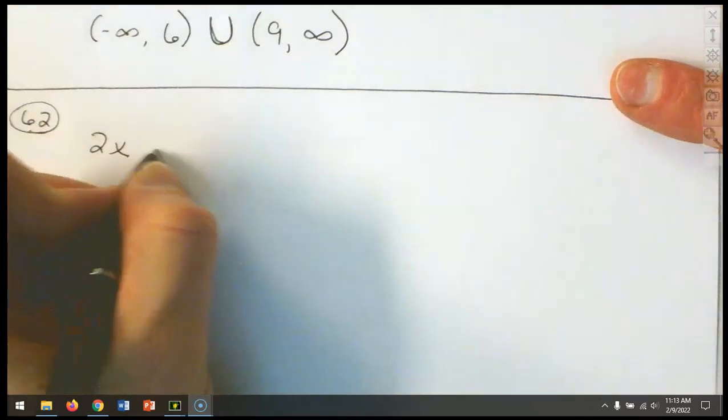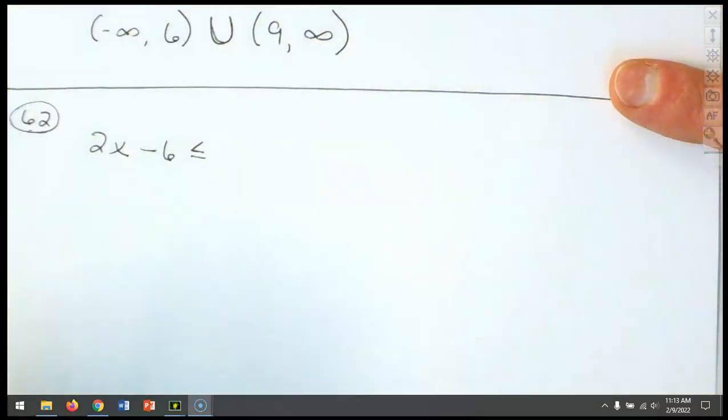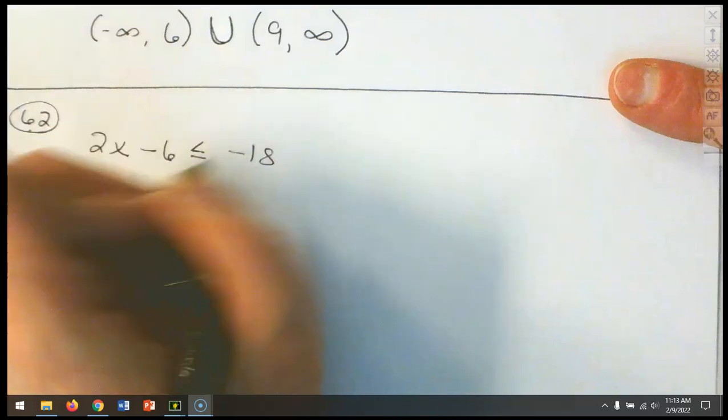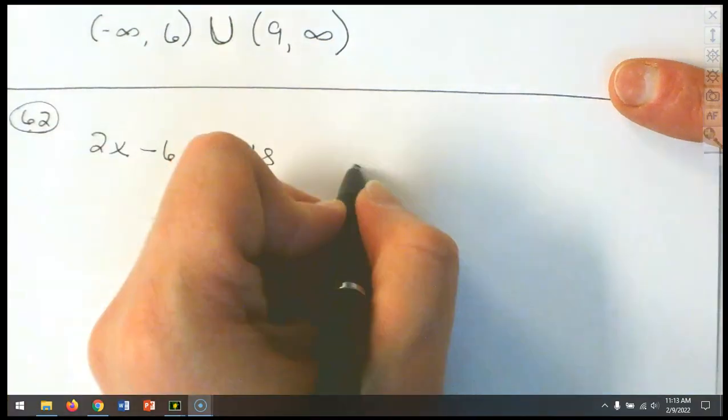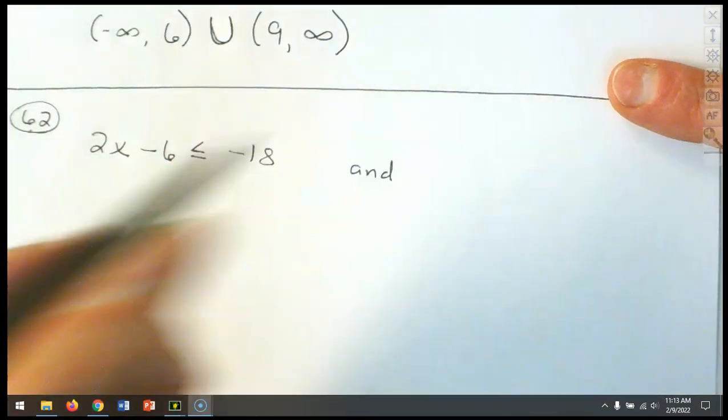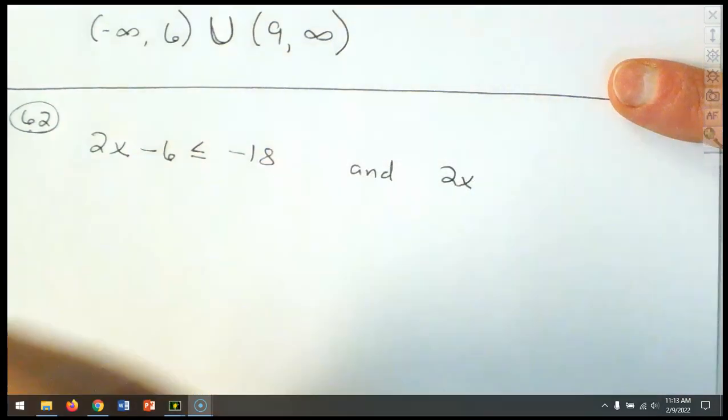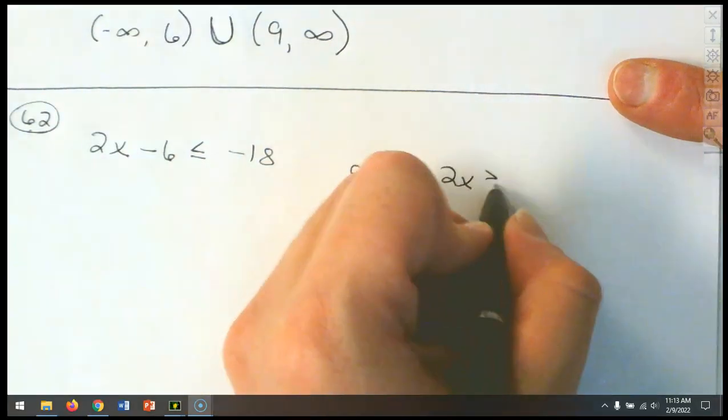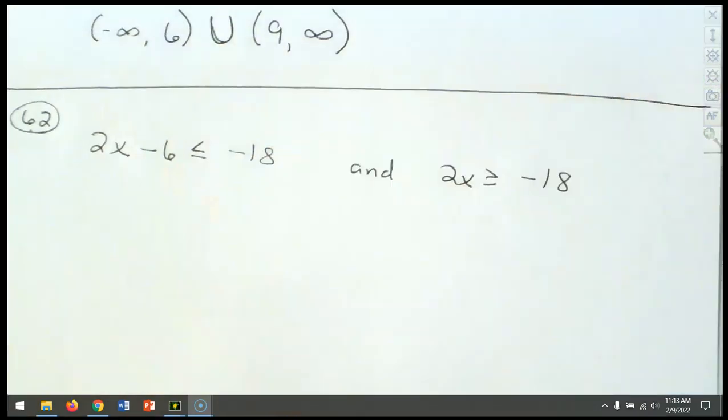2x minus 6 is less than or equal to negative 18 and 2x is greater than or equal to a negative 18. That looks right. Okay. Now, what are we going to first look at? We have to remember that this is an and.